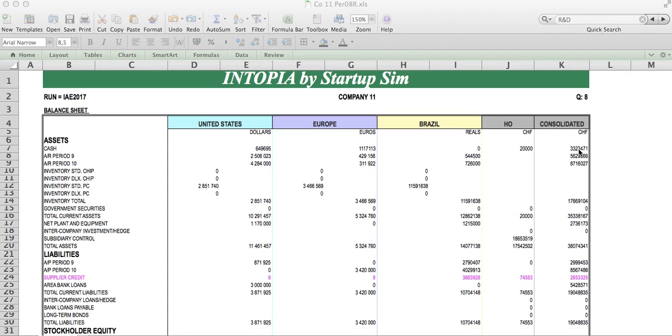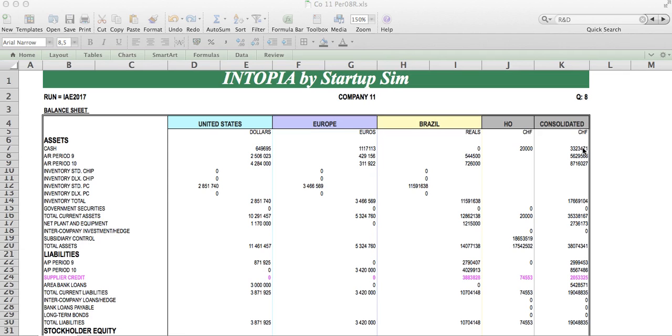So for instance, if we see here 3,323,000 Swiss francs worth of cash, this is the sum of the different cash position in all the areas, including the Home Office, and they are re-evaluated into Swiss francs to make this amount.